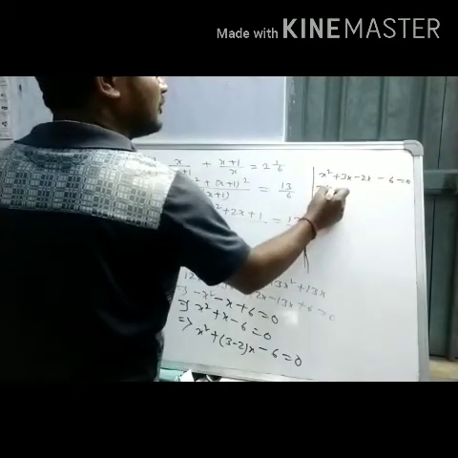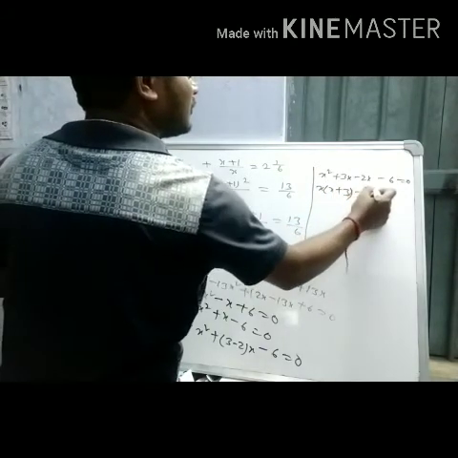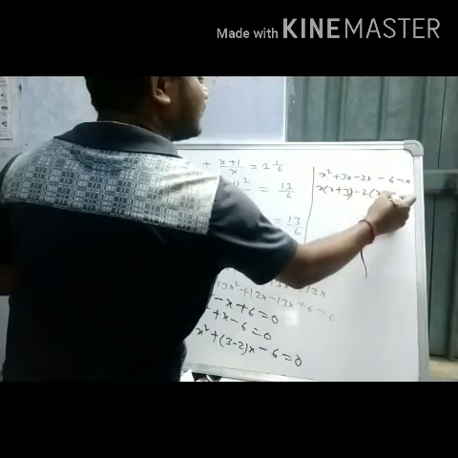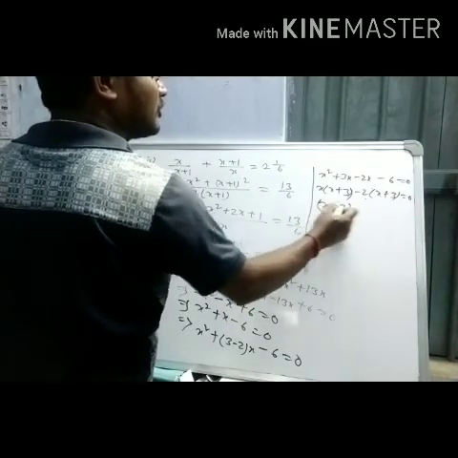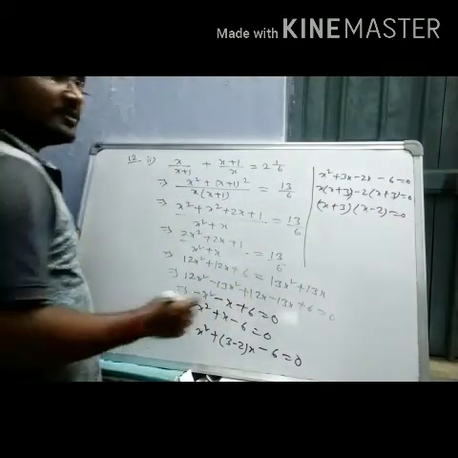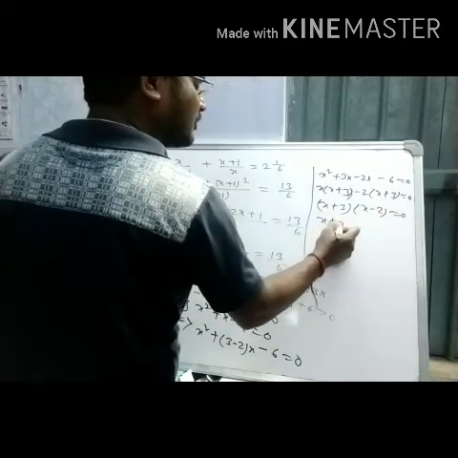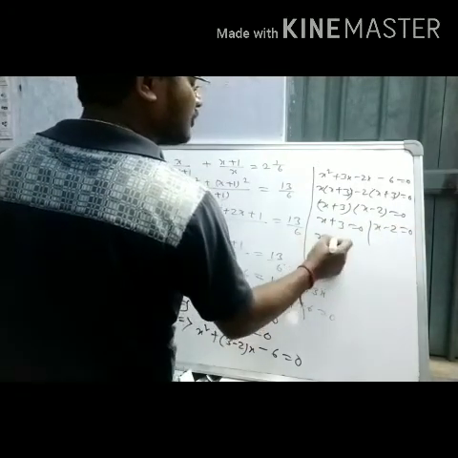Taking common, x(x + 3) − 2(x + 3) = 0. By the zero product rule, the two products are 0 means the first may be 0, the second may be 0, or both equal 0.